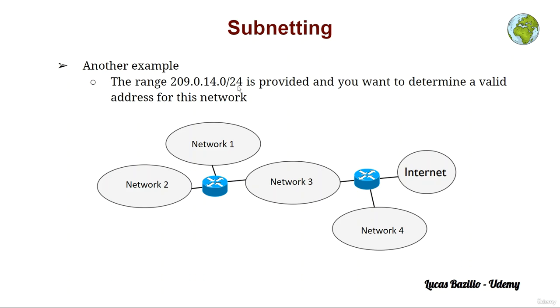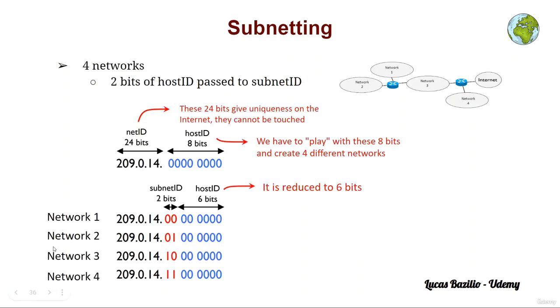If we have a mask of 24, it means that the net ID originally is 24 bits, and we also know that each decimal number in here occupies 8 bits. So this is 8, now with this 16, with this 24. That's why we take here the first 3 decimal values. And also, moreover, we need to take these 2 bits in here to be part of the subnet ID.